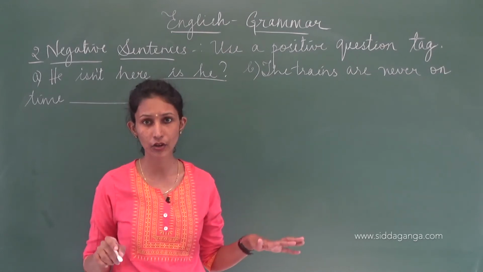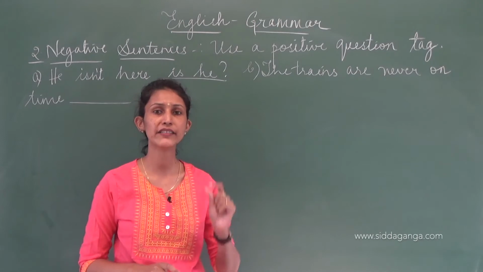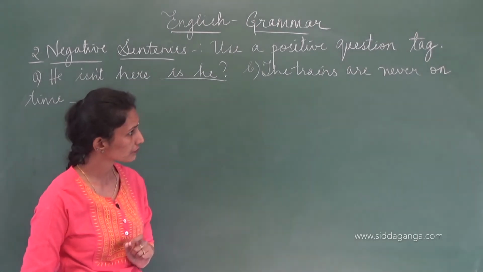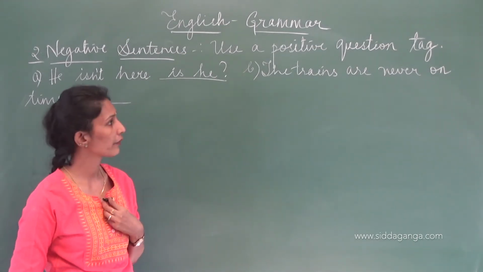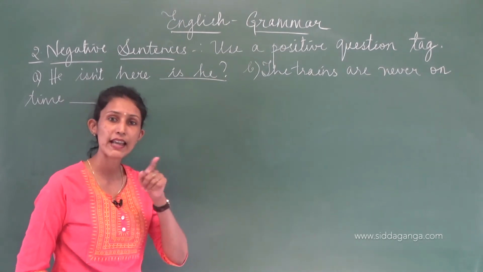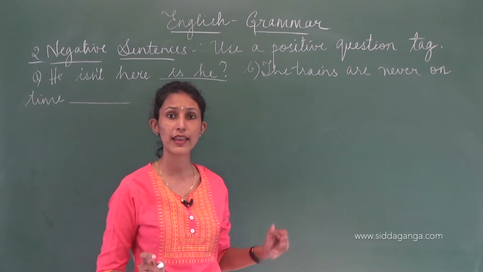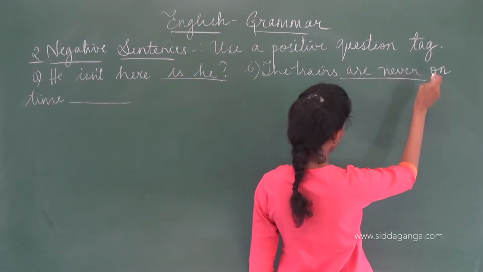You're not saying anything of that. But there is one word which is giving the meaning in a negative sense. Which kind of negative sense does that word give to us? The trains are never, never. That means not coming on at any time. That is the negative sense in the statement.